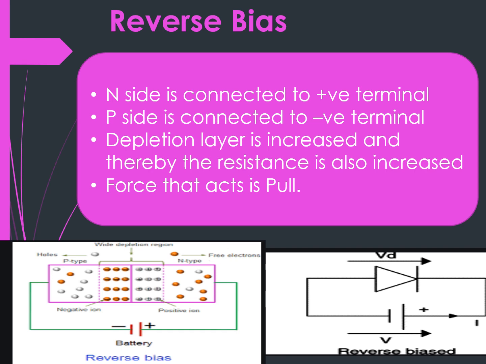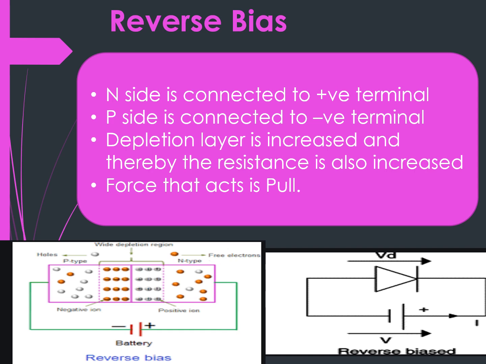If reverse bias is continuously increased, then at a certain value, the covalent bonds break down and a large amount of electrons is released, thereby causing an abrupt increase in current, which is also called Zener voltage.